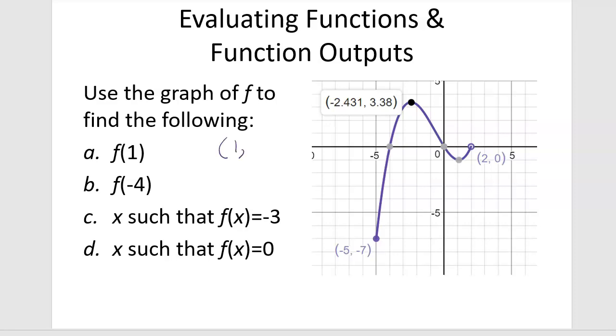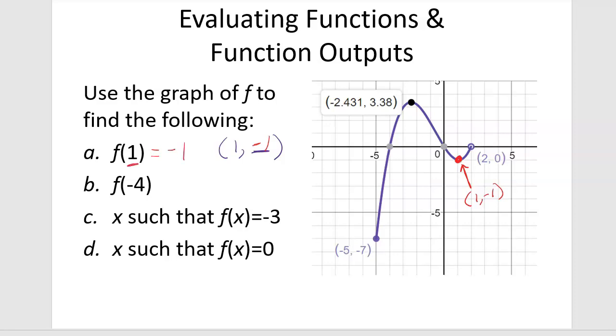That will be an x value of 1 and what happens on the output there. So we're going to go over to our graph and I'm going to go to the x value 1 and then I'm going to find the graph. So this is this point here. And I'm going to think about what that point is. That's the point 1 comma negative 1. So at an x value of 1, I have a y value of negative 1. So the answer to this is negative 1.